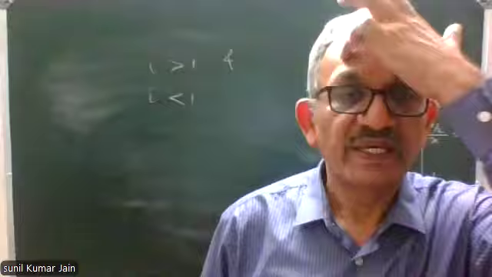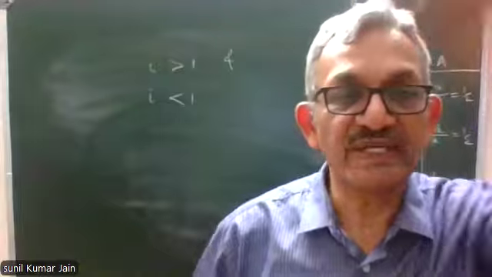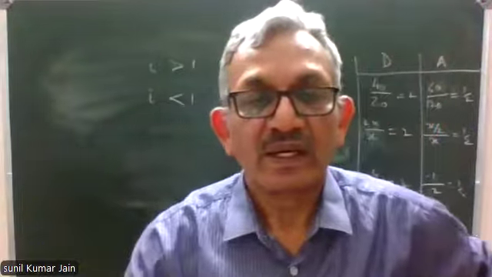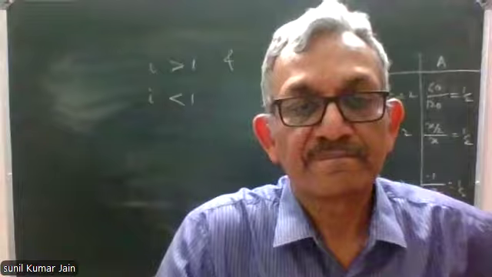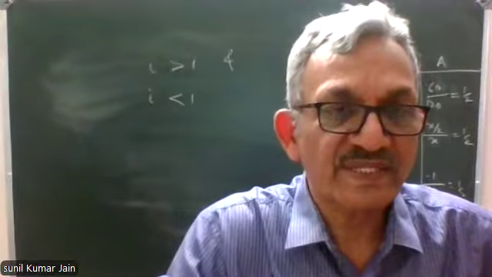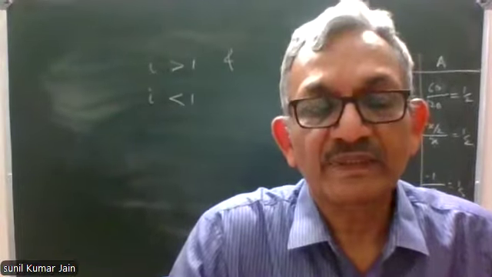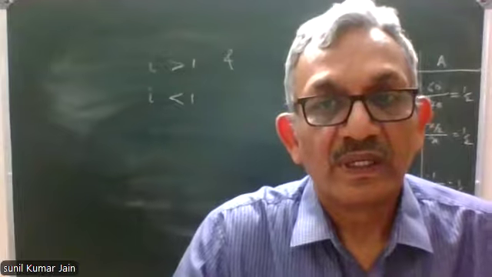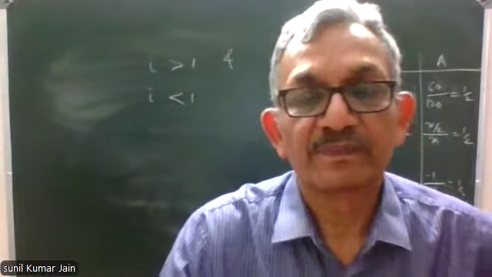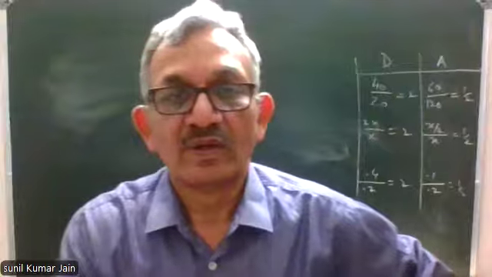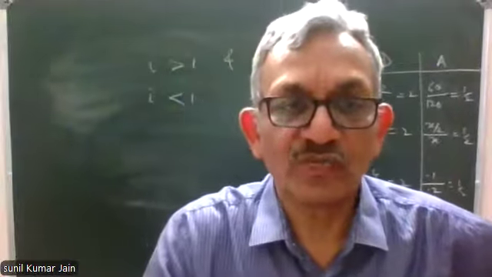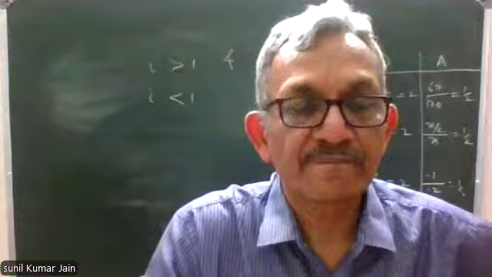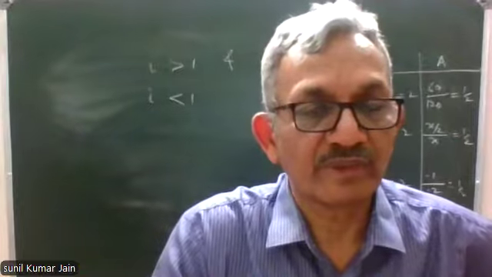Further item: if dissociation is 100%, then i is equal to the number of ions formed by one molecule.